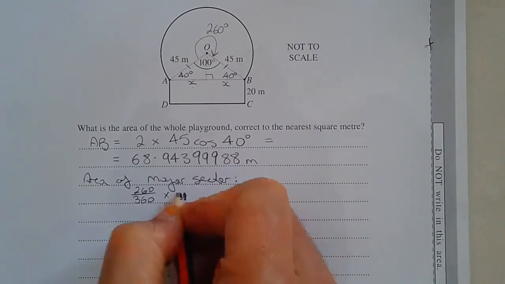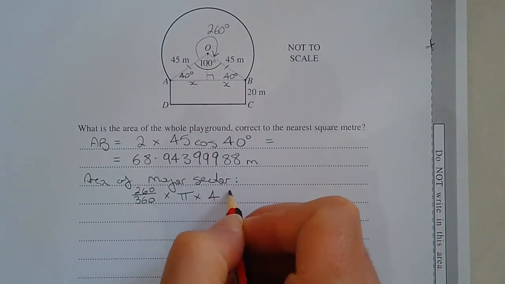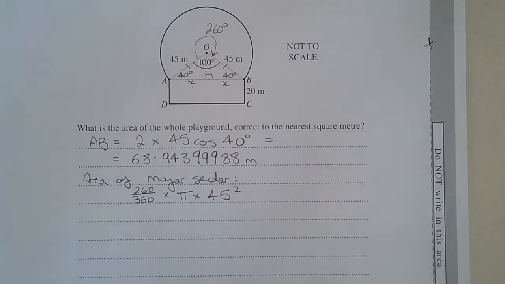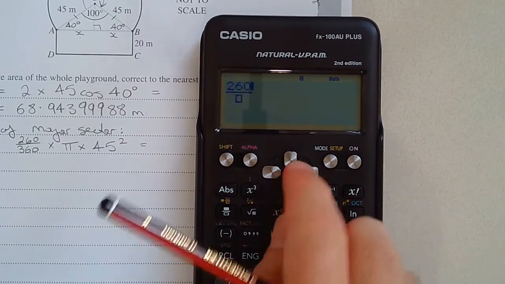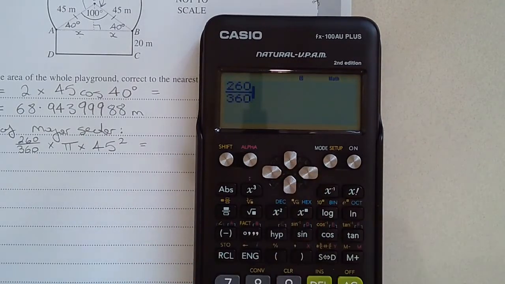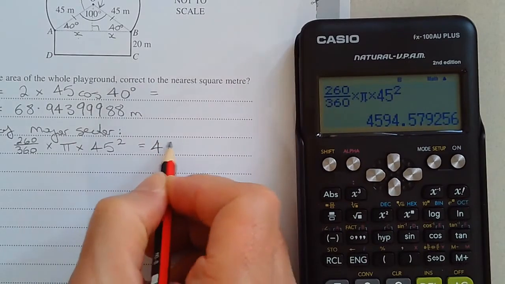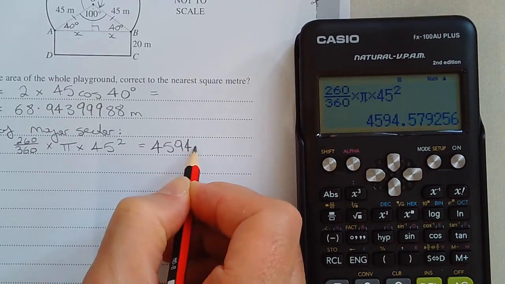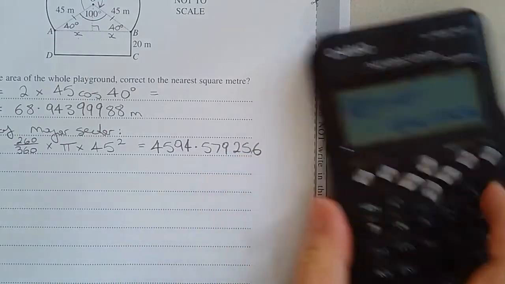So pi multiplied by the radius, which is 45 metres, and we're going to square that. 260 over 360 multiplied by pi multiplied by 45 squared, and we get that answer, 4594.579256 square metres.